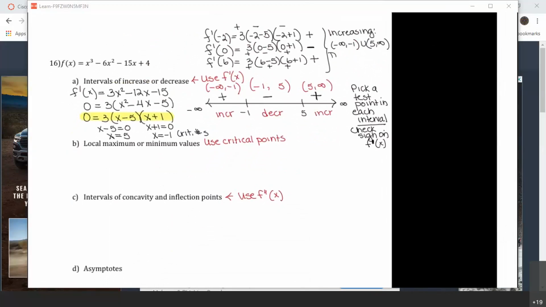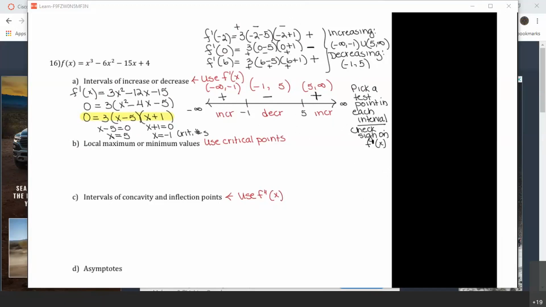And then it's decreasing on the interval in the middle, and that's from -1 to 5. Everybody see how I did that? Just using the sign of the derivative, and you just pick points on either side of your critical numbers. The first thing I did was draw the number line, put in the critical numbers, divide it into intervals. Then just pick a test point. You can even do this part on your calculator. Just decide positive increasing, negative decreasing. So here's the answer to part A.